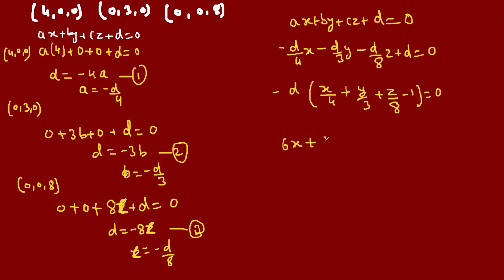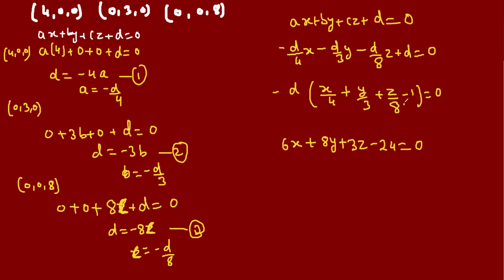Minus D by 8 z plus D. Take minus D common: x by 4 plus y by 3 plus z by 8 minus 1. Multiplying by 24, you will get 6x plus 8y plus 3z minus 24, right?